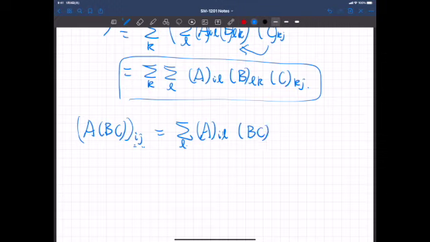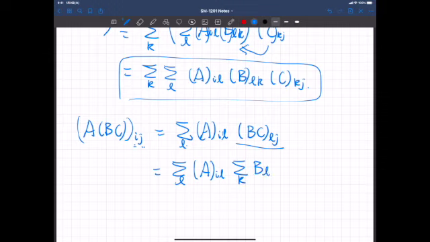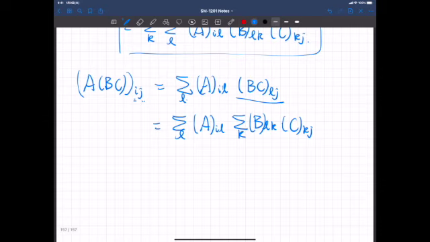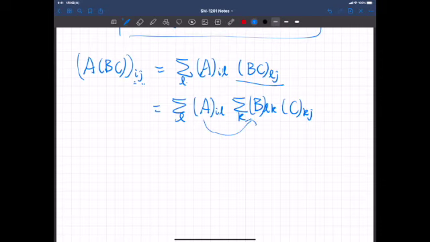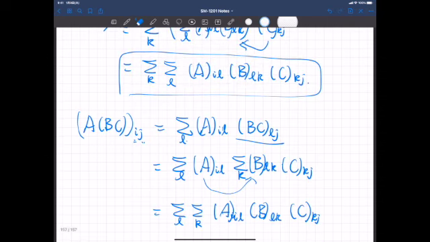So that's the sum over k of b_lk times c_kj. Then we can apply the distributive law, and it becomes the sum over l and k of a_il b_lk c_kj.